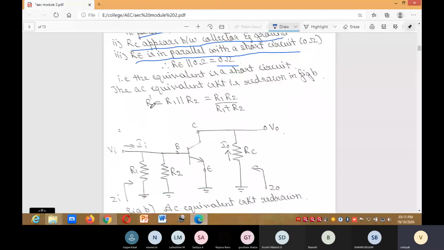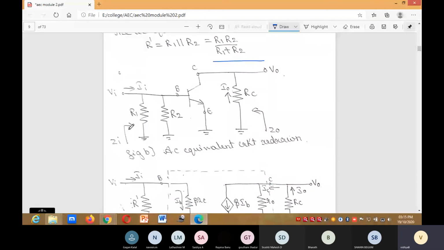R dash is equal to R1 parallel R2, that is R1 into R2 divided by R1 plus R2. This is the AC equivalent circuit. We have made VCC as ground, and capacitors as short circuits.